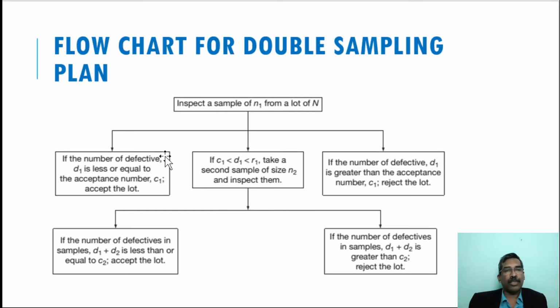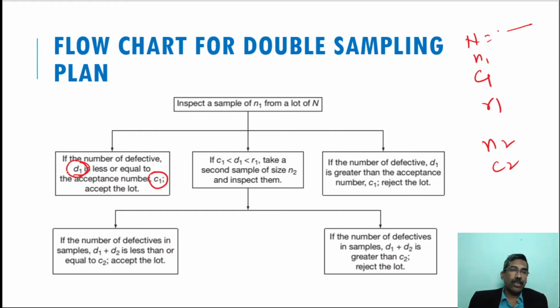Now in the next case, for the chart of the double sampling plan, we have discussed the mechanism of the double sampling plan. If the number of defectives D1 in the first sample is less than C1, where n1 is the sample size of the first sample, C1 is the acceptance number based on the first sample, and R1 is the rejection number. And for the second sample, this is n2, and C2 is the acceptance number.